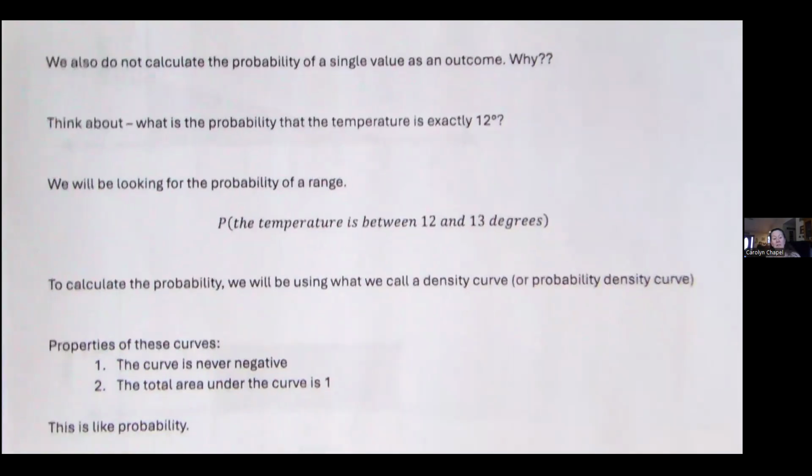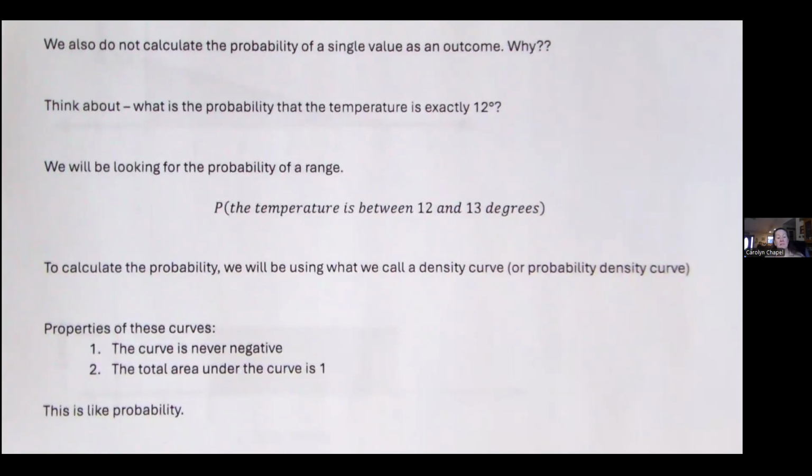Some things about these curves are similar to our probabilities in a discrete distribution. The curve is never going to be negative because our probabilities are never negative, and these probabilities will be the areas under these curves. We aren't going to be able to have negative areas.